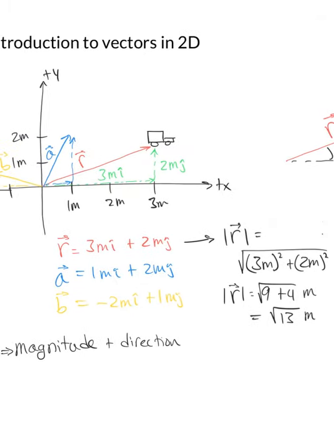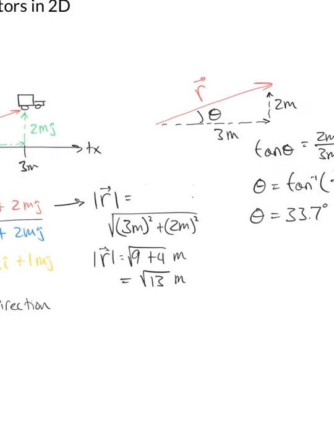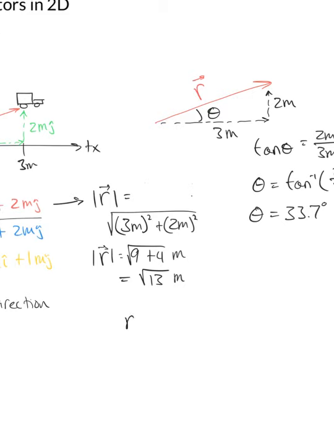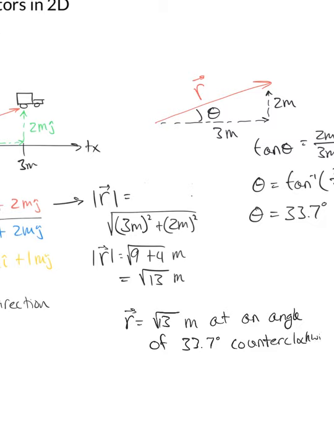So if I wanted to write r vector, I essentially have two options. One option is to write it as an x and y component, or I could write r vector as the square root of 13 meters at an angle of 33.7 degrees counterclockwise from the positive x-axis.